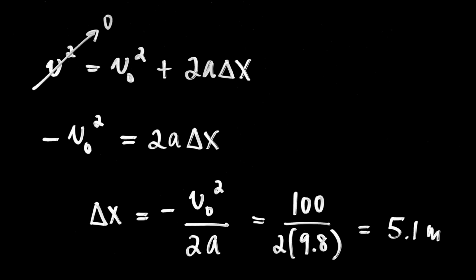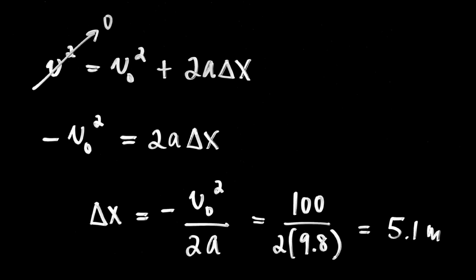So if v squared is equal to 0, then negative v naught squared is equal to 2a delta x. And the delta x that I'm looking for is equal to negative v naught squared divided by 2a. Now you might look at this and say, well, now I've got a problem because you're going to get a negative answer. No, I'm not, because the acceleration is negative.